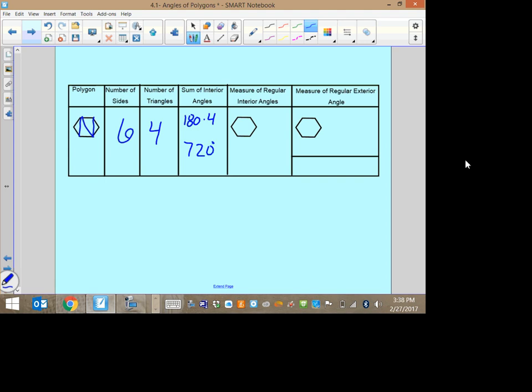The measure of the regular angles, we can take 720 divided by our 6 angles. That's going to give us 120 degrees. And then the measure of the regular exterior angles, if we note that this is 120, then we know that the outside has to be 180 minus 120 to give us 60 degrees.